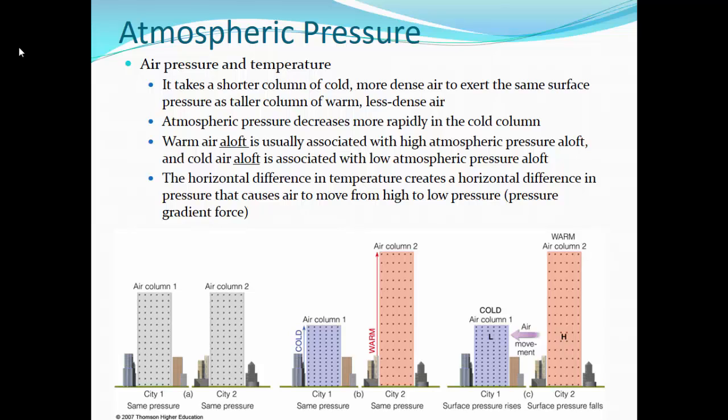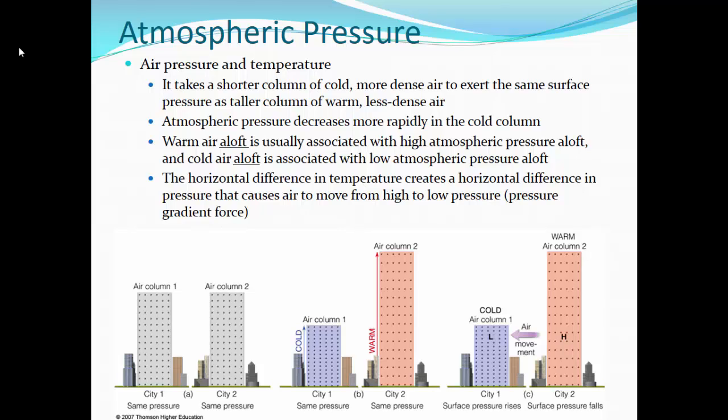So at that level, in the upper levels, the pressure is literally higher. And we see that illustrated on the far right, where there is higher pressure at the same level. And you can count. There are simply more molecules of air above the H at the very same level as above the L. Count above the L, 2, 4, 6, 8, 10, 12 molecules, where above the H, it's significantly higher. There's higher pressure in the upper levels above the city with warm air than the city with cool air.